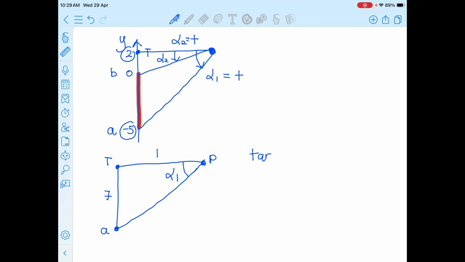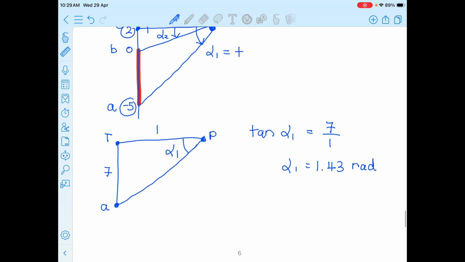So tangent alpha 1 is equal to opposite over adjacent. So our alpha 1 is tangent inverse of 7, which is 1.43 radians, and the angle is positive for alpha 1.